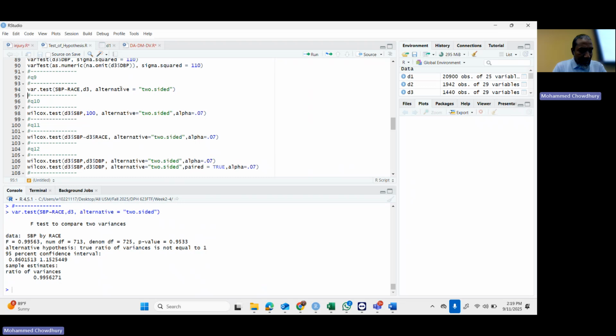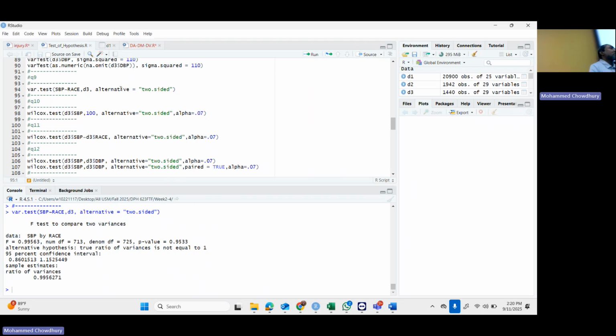We got these values. F value is 0.95. So that means the SBP variance for the African Americans and Caucasians are the same. So that means we fail to reject the null hypothesis.